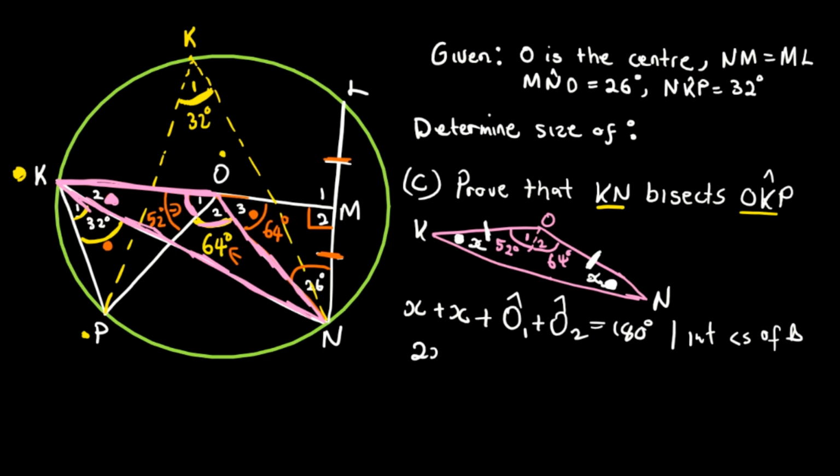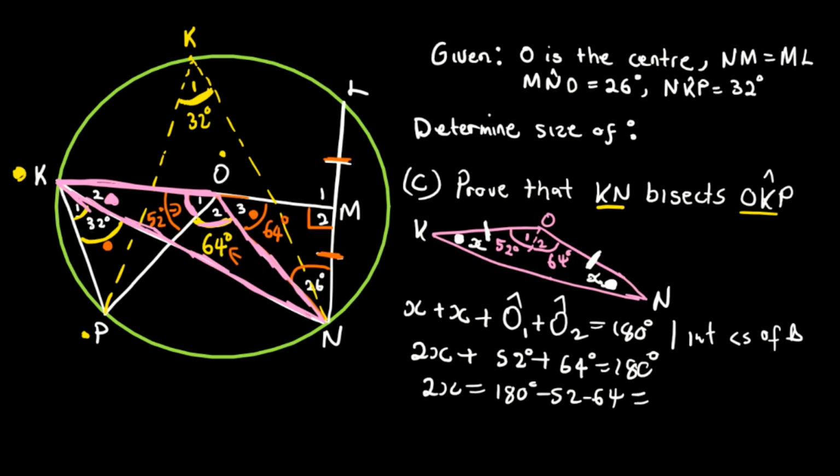So you're going to have 2x plus angle O1, which is 52 degrees, plus angle O2, which is 64 degrees, is equal to 180 degrees. Then 2x is equal to 180 degrees minus 52 minus 64.